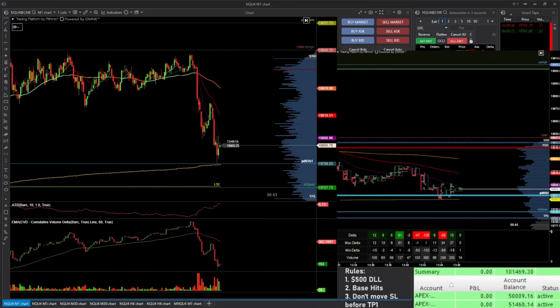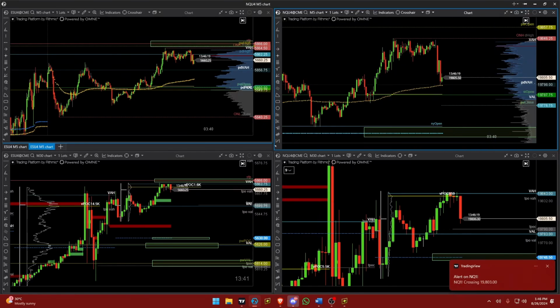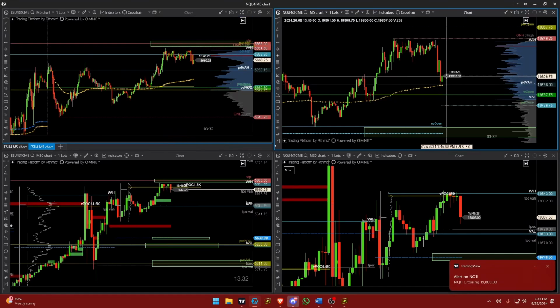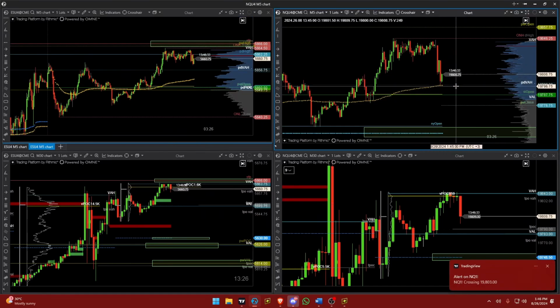For now, most likely I'll wait for this 5-minute candle to close and see where we close, because I'm thinking ES might also push lower into the previous day very high, and if that happens, I'm curious if NQ will breach through support here and close back above, thus giving me an invalidation for the trade and an entry.